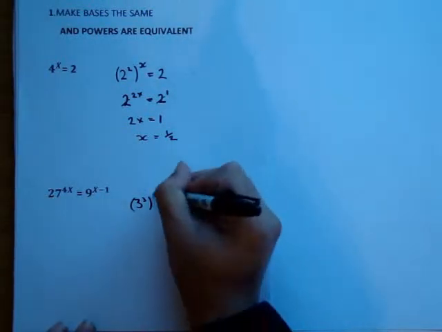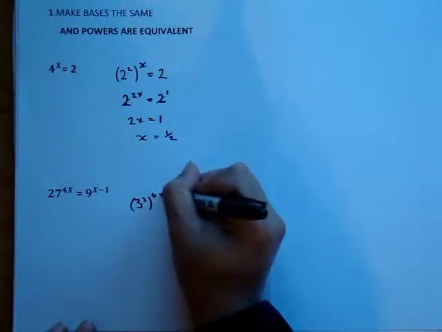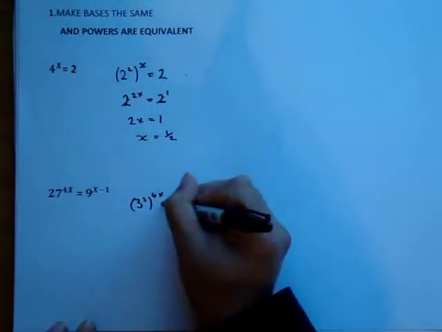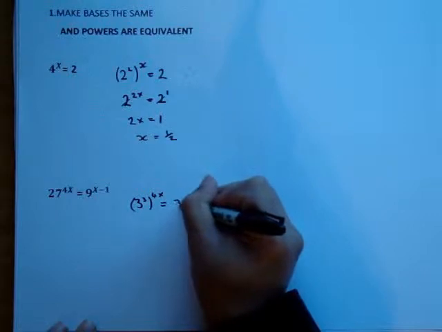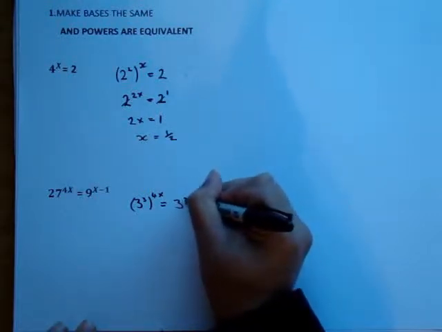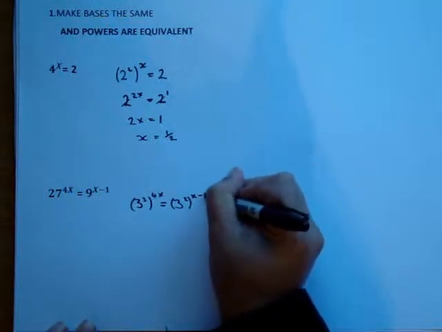And this is to the power 4x. 9 is 3 to the power 2. And this is to the power x minus 1.